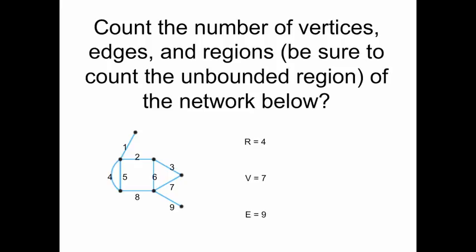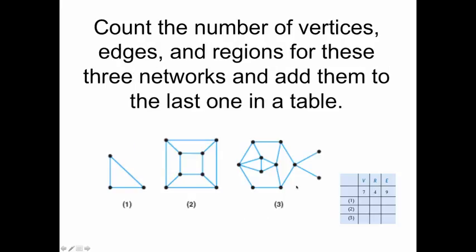Is there any kind of relationship between the vertices, regions, and edges of this network or any other network? Well, let's continue our investigation. Down here in the lower right, you see a table. I have created the table and put the numbers that we got on our last network.